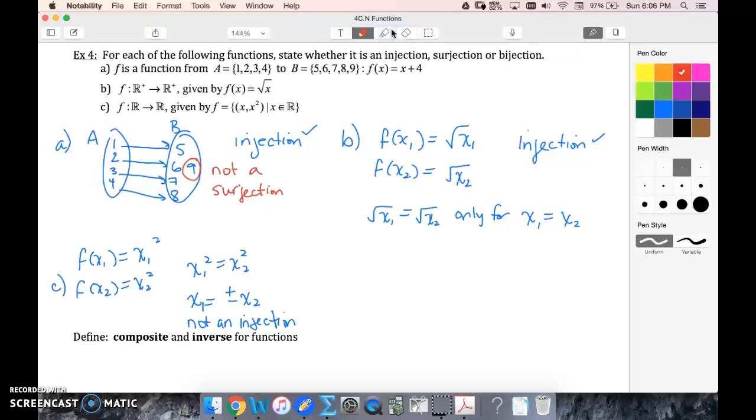That's true. So this is also going to be a surjection. So all values of positive reals can be found with the square root of positive reals. So this is a surjection.